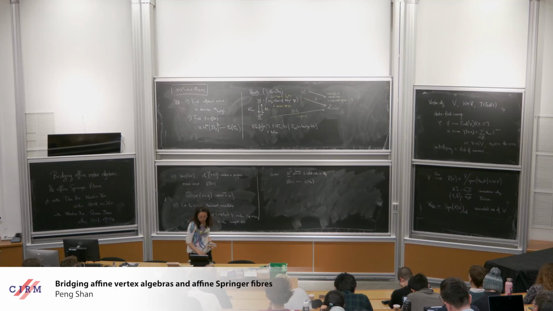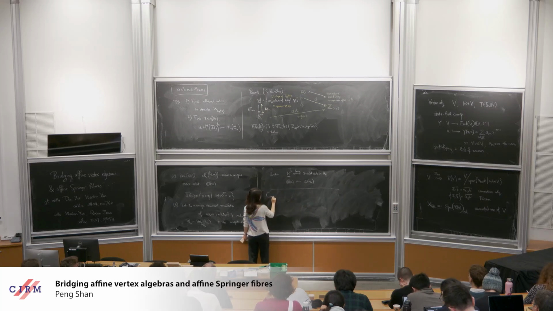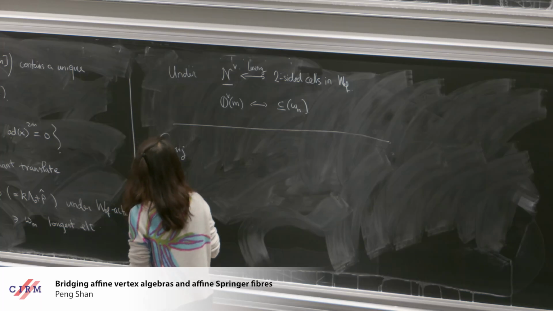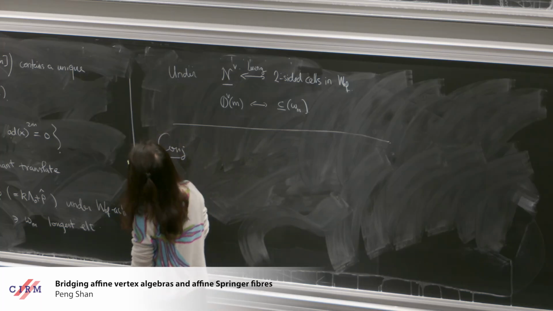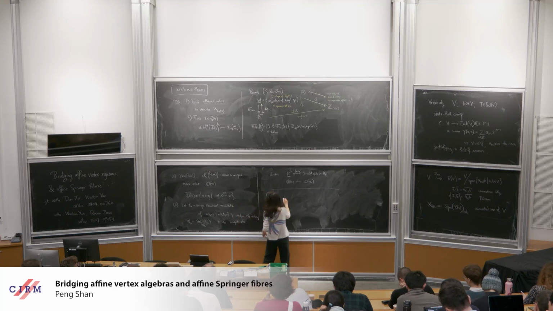Okay, now I can say one of the main results: we also provide a conjecture for the associated variety. For the associated variety of L_k(g), the conjecture is as follows. So I fix, again, m equals k plus h check. And then I had this orbit defined for you.